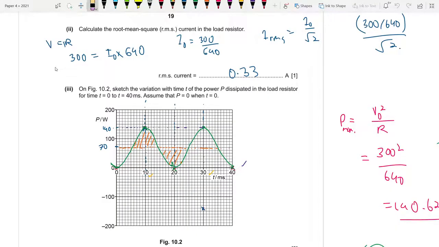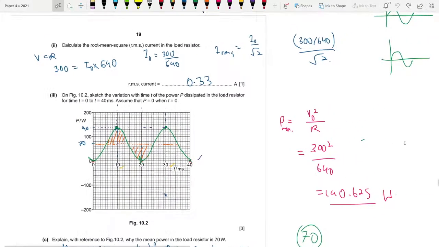Power can never be negative because P is equal to I squared R or V squared by R. Even though current or voltage was sinusoidal, they took negative values, but when you find out power, it's going to turn into a positive value. Or even P is equal to VI, minus is plus, right? So they gave you this part below just to trick you guys. Don't get tricked.